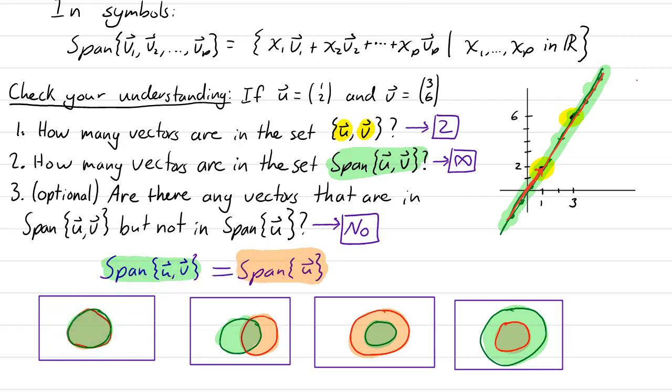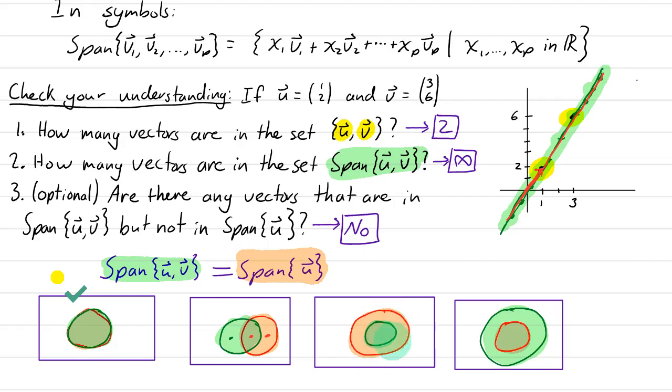So you get a situation looking like this. But there is a situation where the sets would overlap, with some points in one that aren't in the other, some points in both, and some points over there, but they're not equal at all.